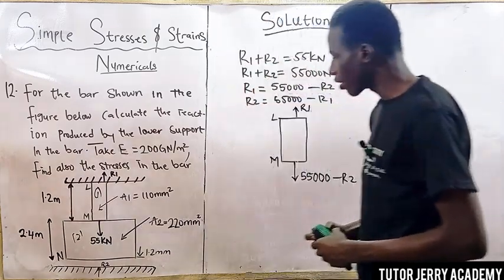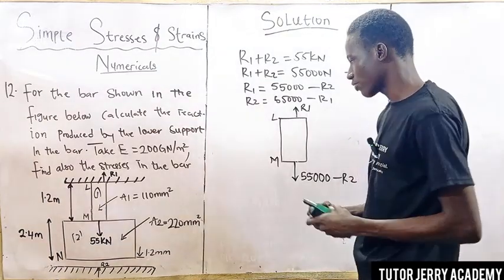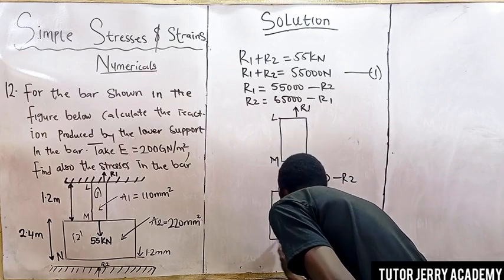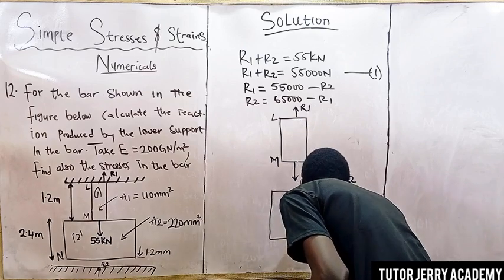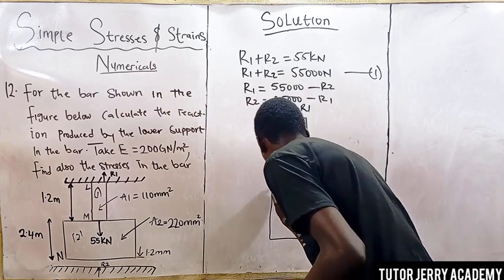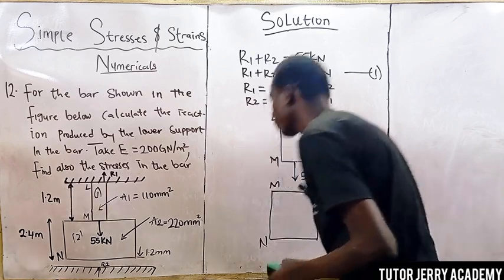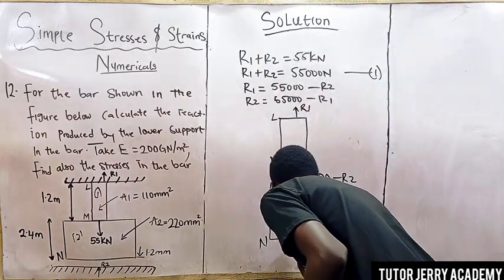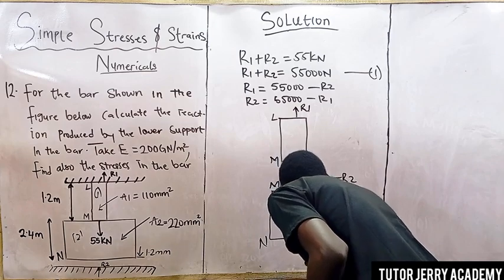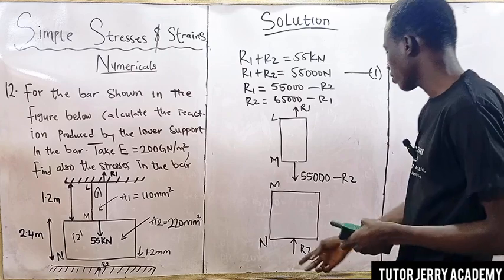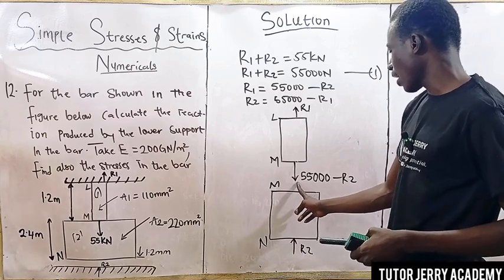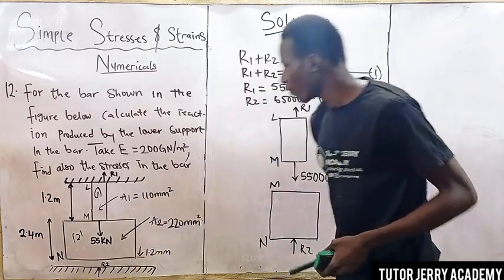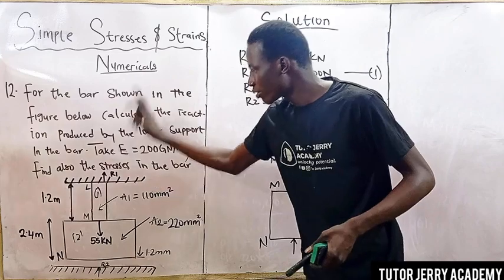Next, I'm going to draw my free body diagram for section N. I have R2 going upward. I have the 55 kilonewton coming here, but don't forget that I also have R1 going upward.